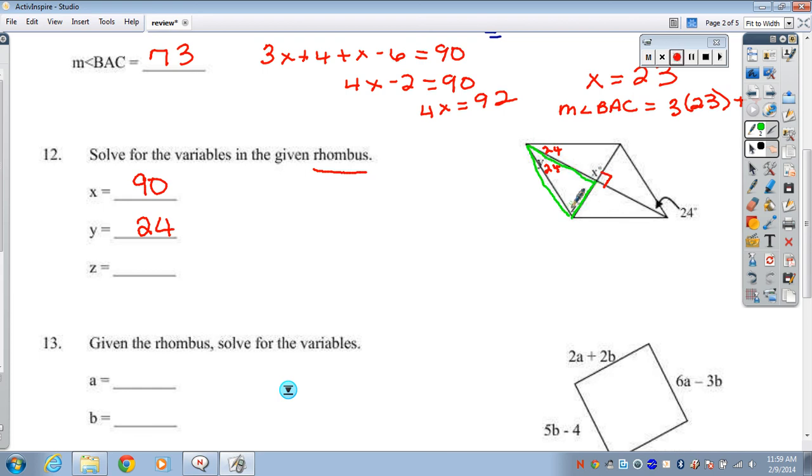These two angles, z and 24, must add together to equal 90 because this angle is already 90, and three angles in a triangle equal 180. So 90 minus 24 equals z, and z is 66 degrees.